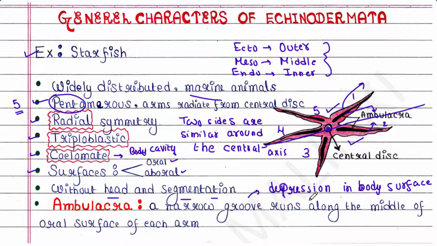So this narrow groove is running along the middle of the oral surface of each arm. So if this is the arm, the middle part of the arm is this, and this part contains the narrow groove which is called ambulacra.